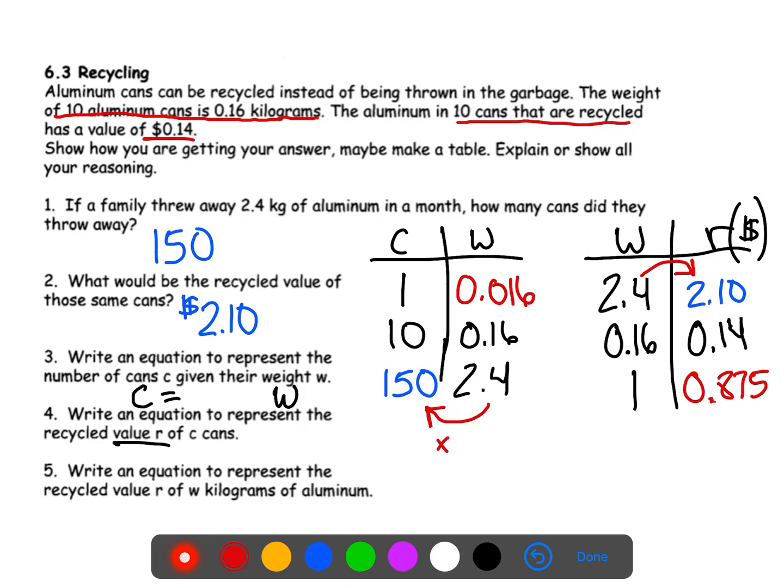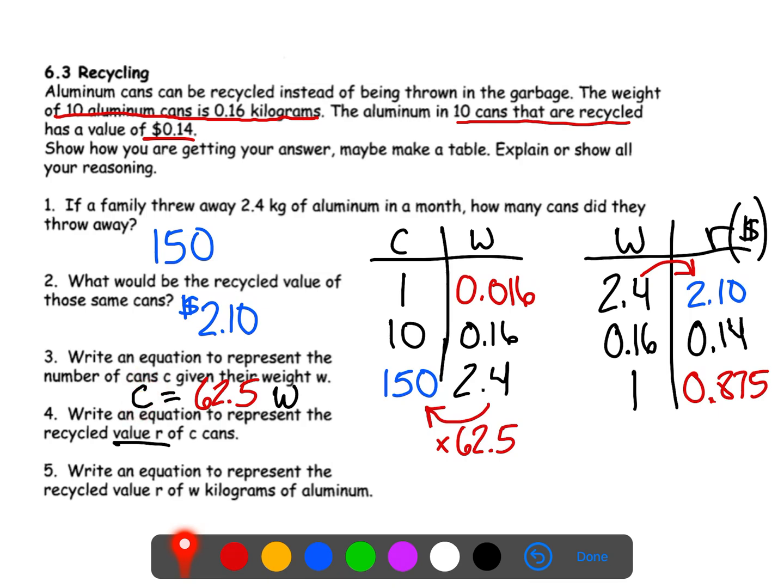We would be multiplying by 62.5. That's going to be the constant of proportionality in my equation. And I would test it. I would take a weight from this column, let's say 2.4, multiply it by 62.5 and make sure I get the correct number of cans, 150.